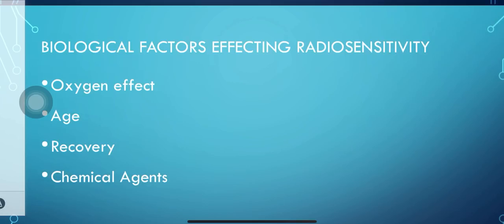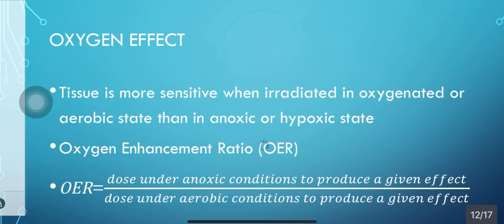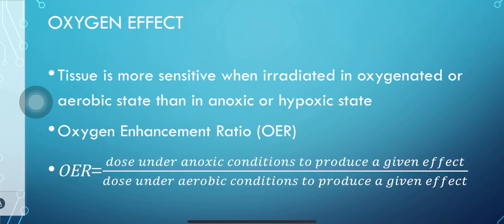Biological factors affecting radiosensitivity: oxygen effect, age, recovery, and chemical agents. Oxygen effect: tissue is more sensitive when irradiated in an oxygenated or aerobic state than in an anoxic or hypoxic state.